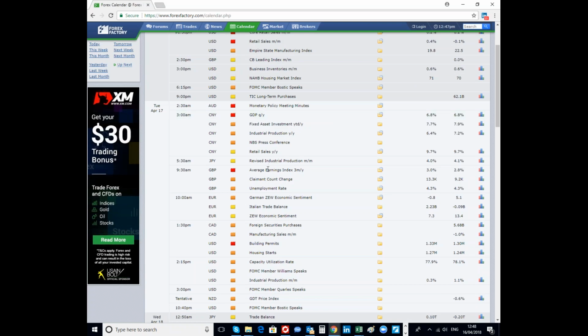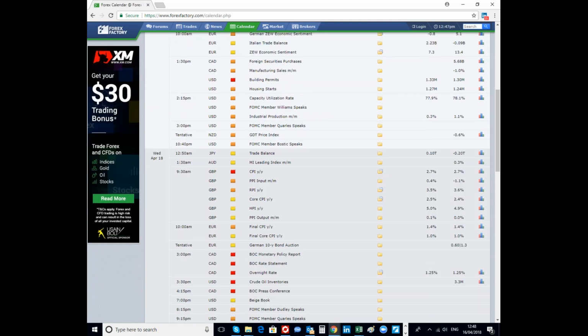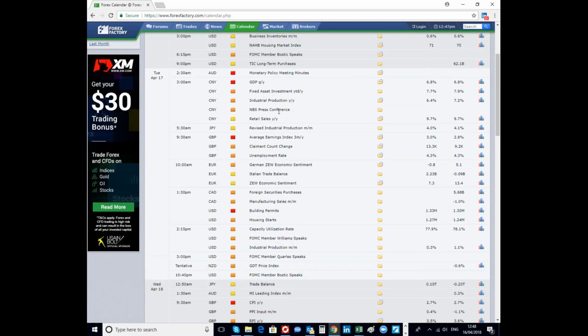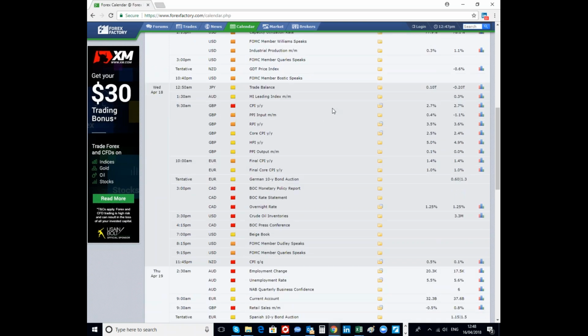For the rest of the week, let's see what we've got. Building permits. We've got one impact event during our session, then early morning news for China and Australia. Then the rest of it is medium impact news, so I don't know if that'll move markets much.